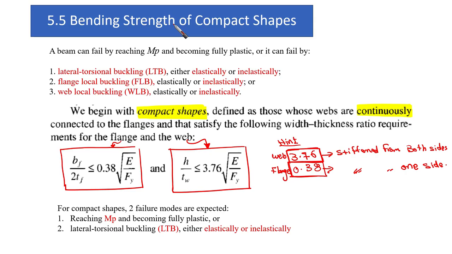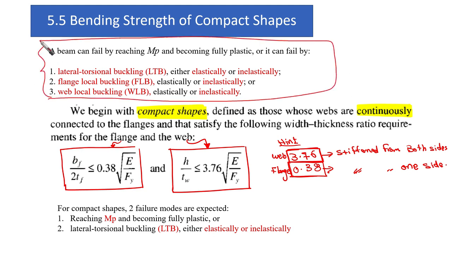Now, for compact shapes, two failure modes are expected. Again, in order not to be confused, I was talking here about all the possible failure modes for beams. It is going to be reaching Mp, or lateral torsional buckling, elastic or inelastic, or flange local buckling, elastic or inelastic, or web local buckling, elastic or inelastic.